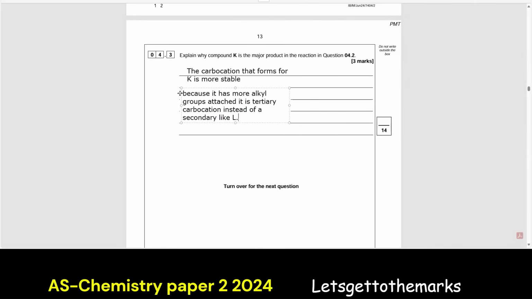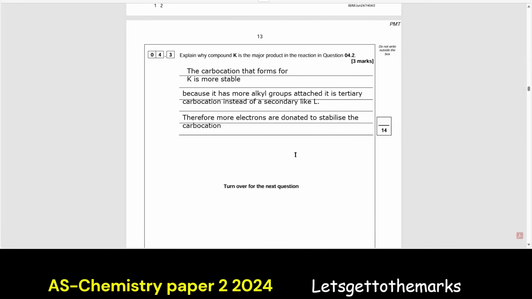Therefore, more electrons are donated to stabilize the carbocation. They're not really donated. They have like an inductive effect where electrons are donated towards that positive ion.